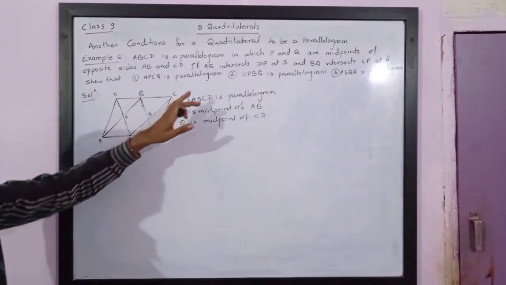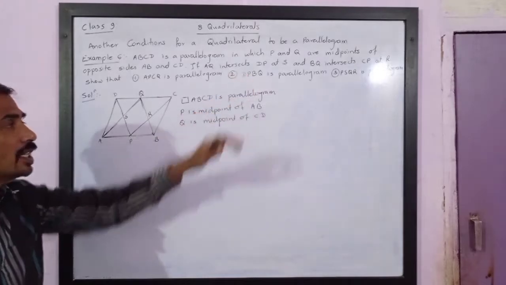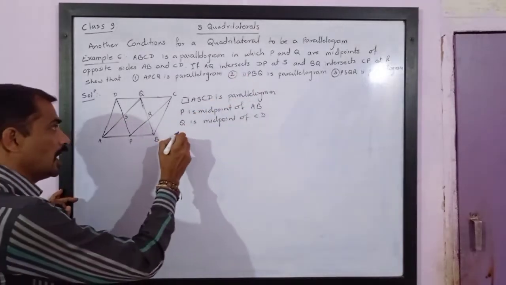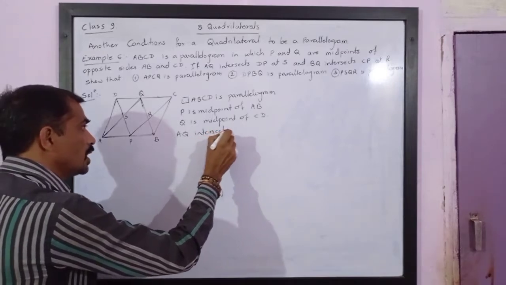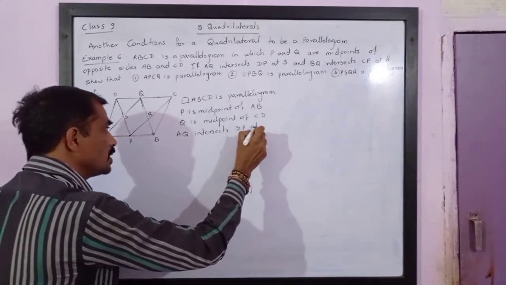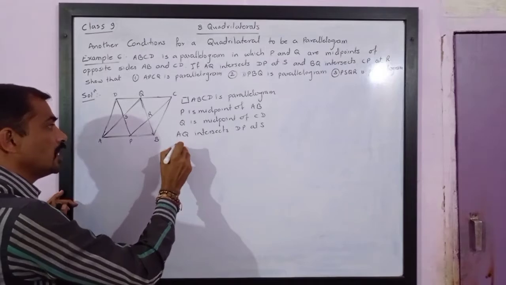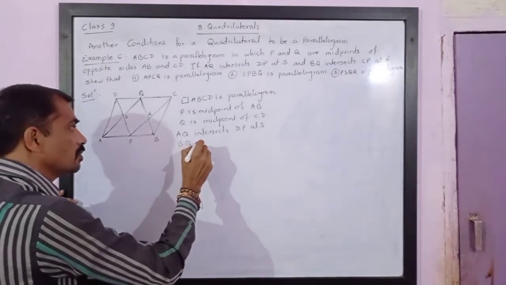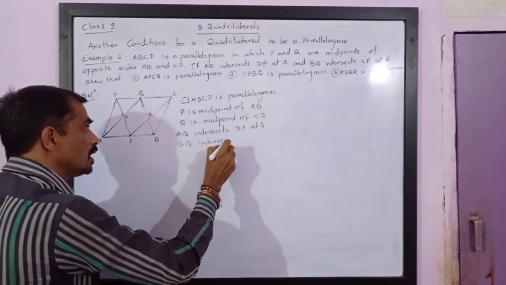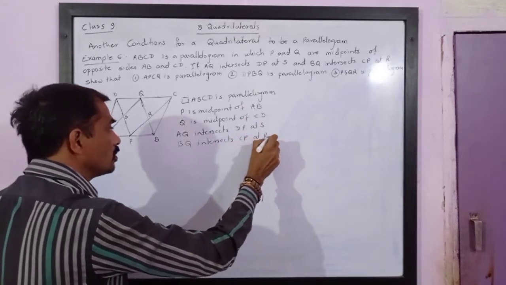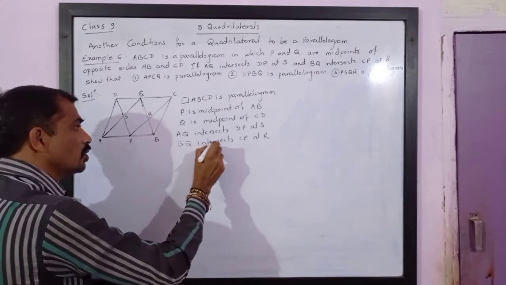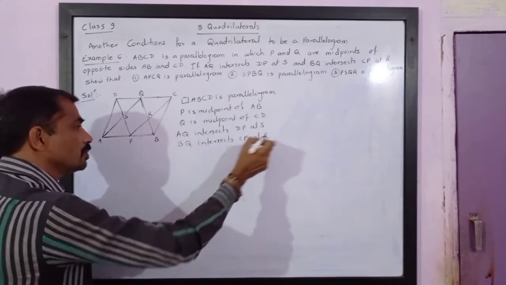We are also given that AQ intersects DP at S, and BQ intersects CP at R. So this is what is given to us.